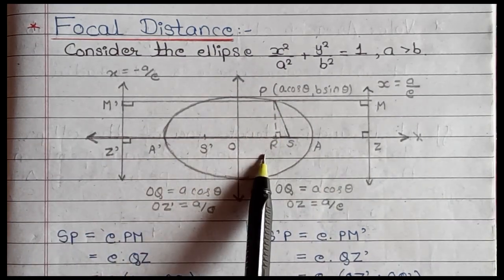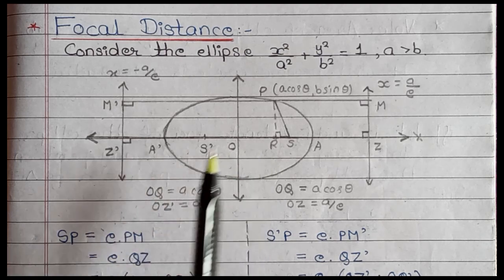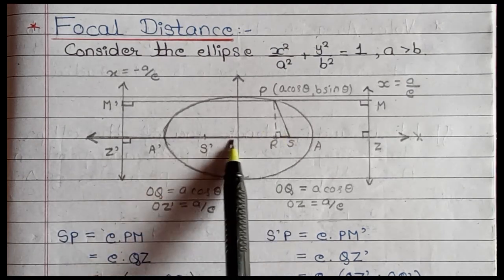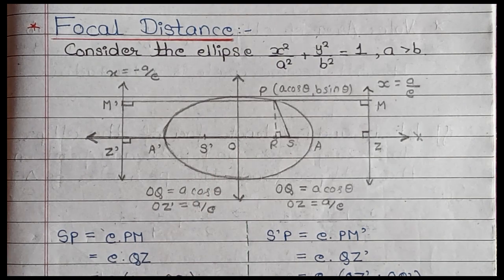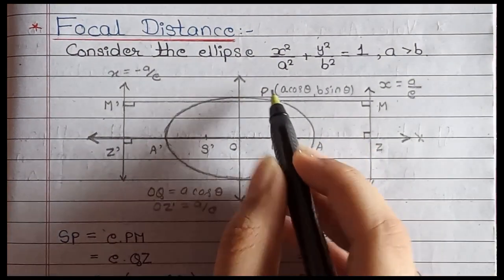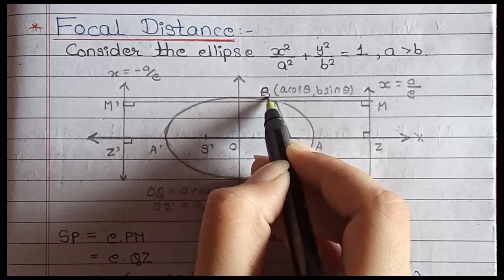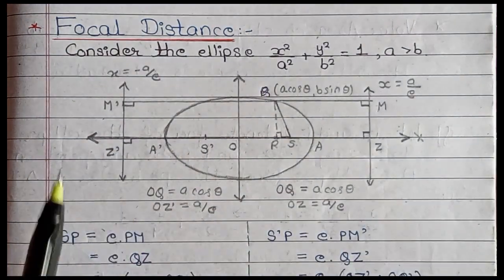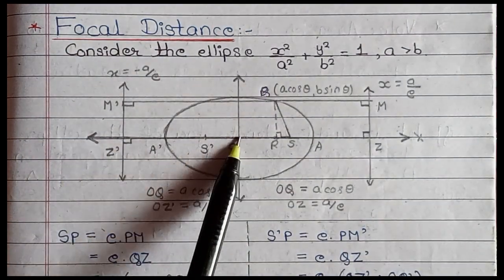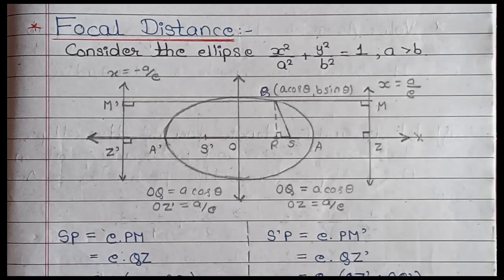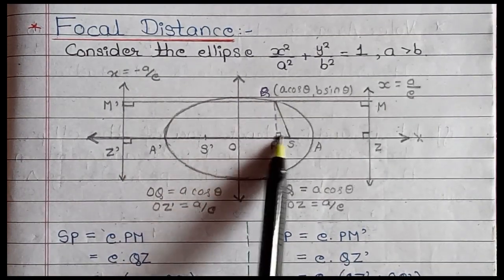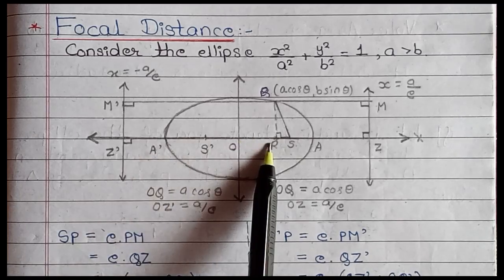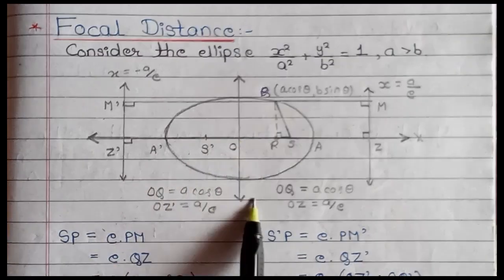Name it as R. So here we can see that OQ, which is this O. Okay, my bad. Here the point will be not P, but instead it will be Q. So OQ, the distance of OQ will be same as the distance of OR because a perpendicular is drawn. So the distance will be the x coordinate, which is a cos theta.